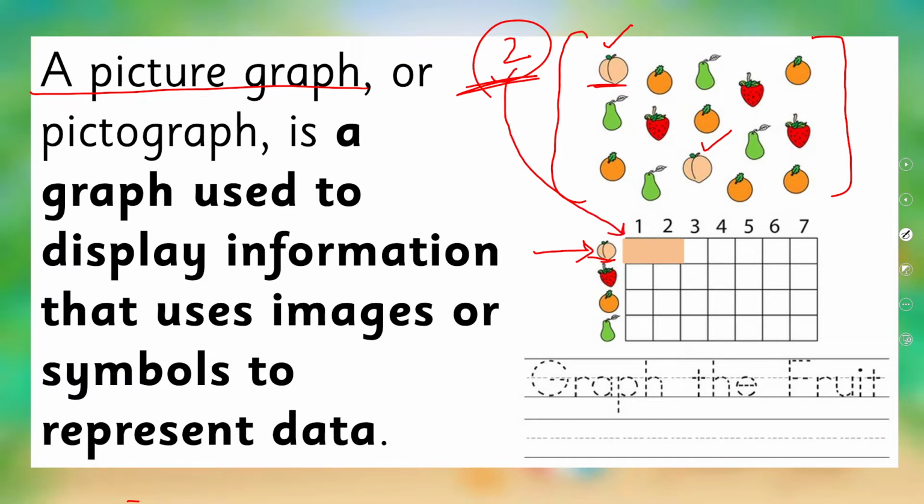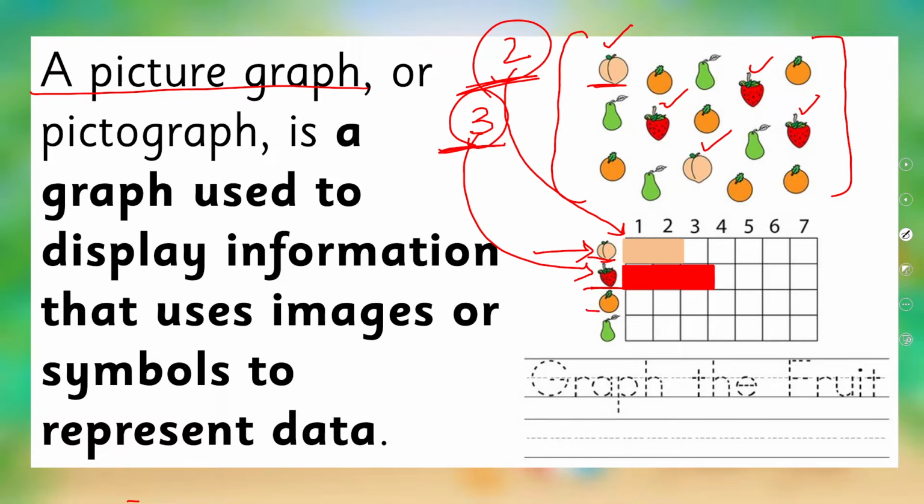The second fruit is strawberry. How many strawberries are there? 1, 2, 3. So we will write it as number 3. How many boxes will we fill over here? 3. This is the same information. This is in pictograph and this is in numbers, right?